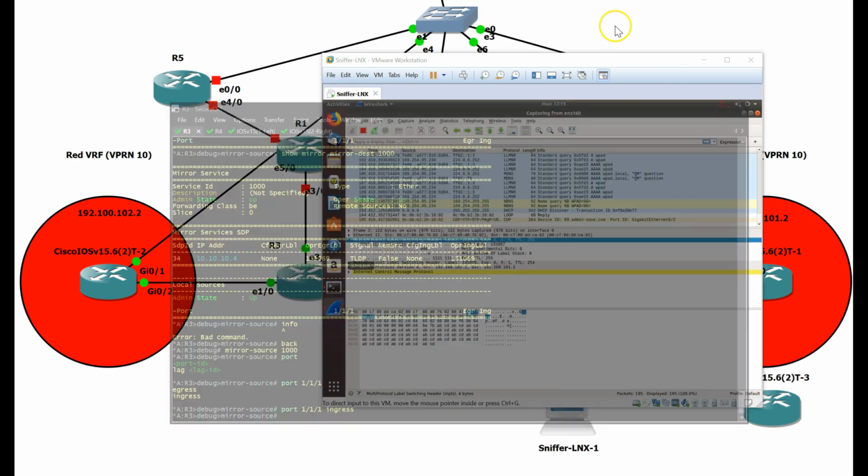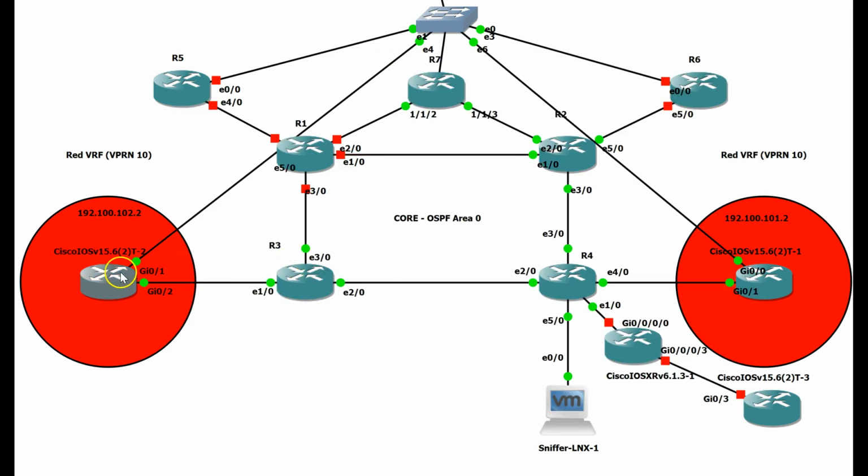So now we're only going to expect to see traffic ingress into port 111, not egressing out of port 111. So if router 100.102.2 sends packets across to 101.2, we're only going to see the ingressing packets into the network. We're not going to see the return. So if we ping 100.101.2 from 102.2, we're only going to see the request. We're not going to see the replies come back from our far end device on this side.